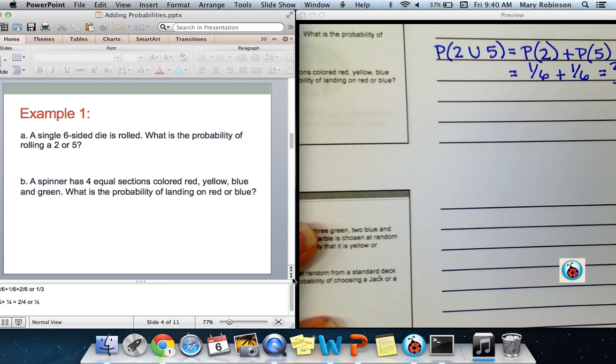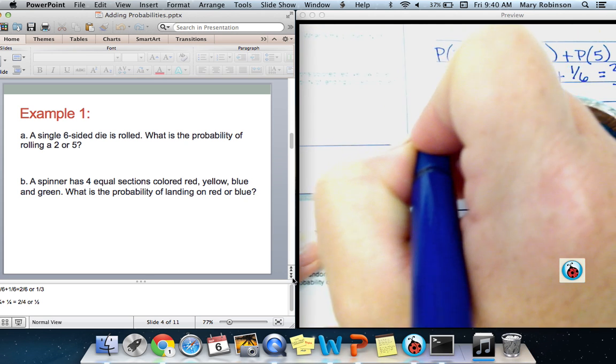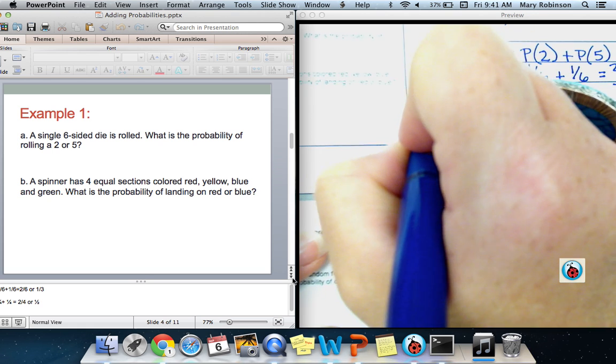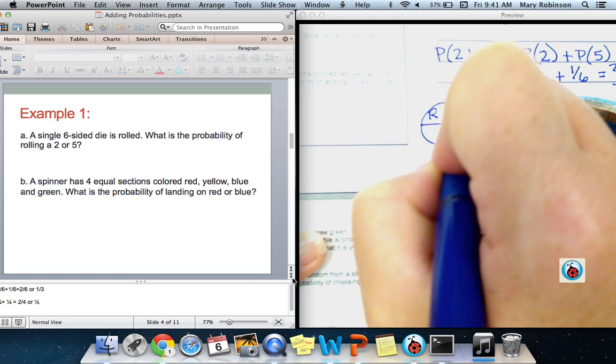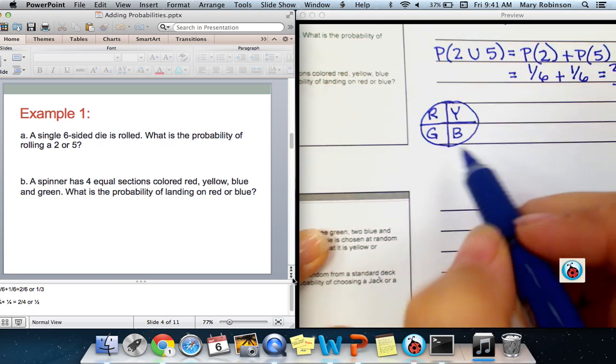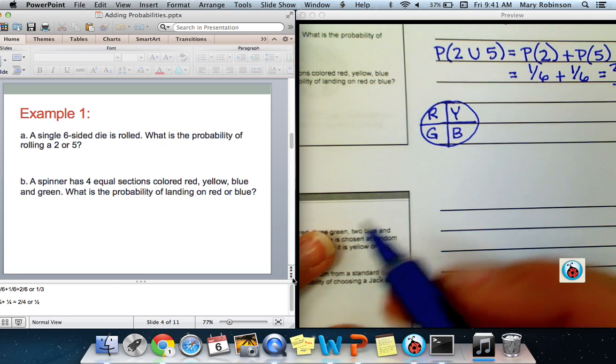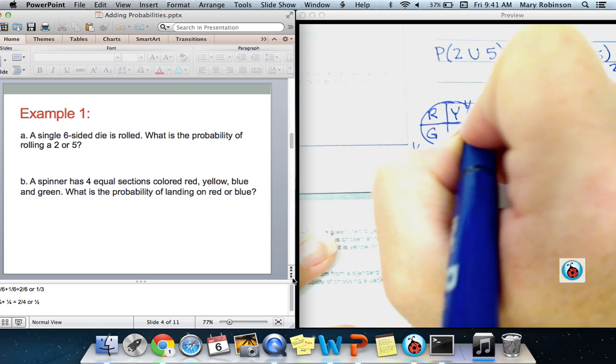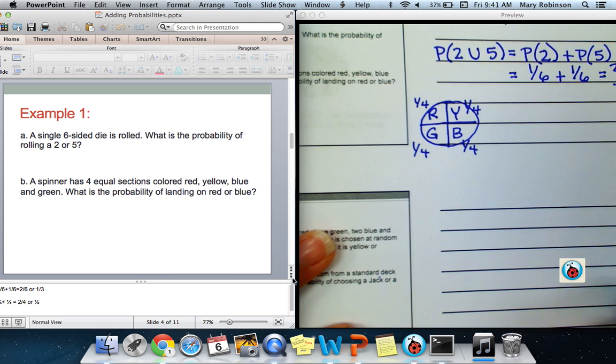B. A spinner has 4 equal sections colored red, yellow, blue, and green. So I'm going to draw a little diagram here of a spinner that has red, yellow, blue, and green. Since they are equal sections, we know the probability of landing on any of these would be 1/4.